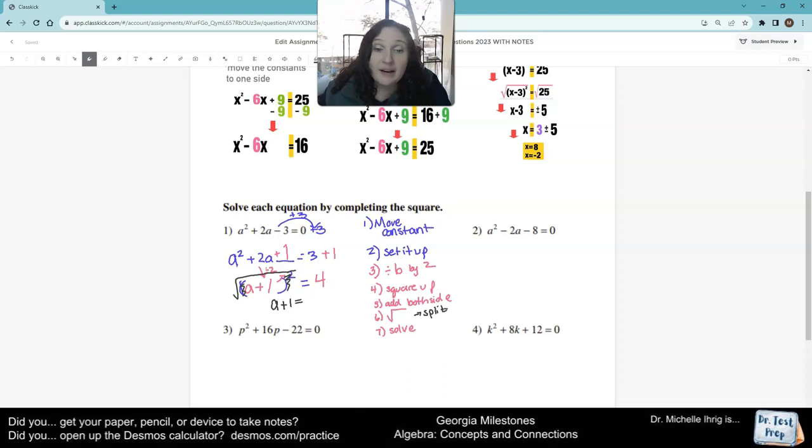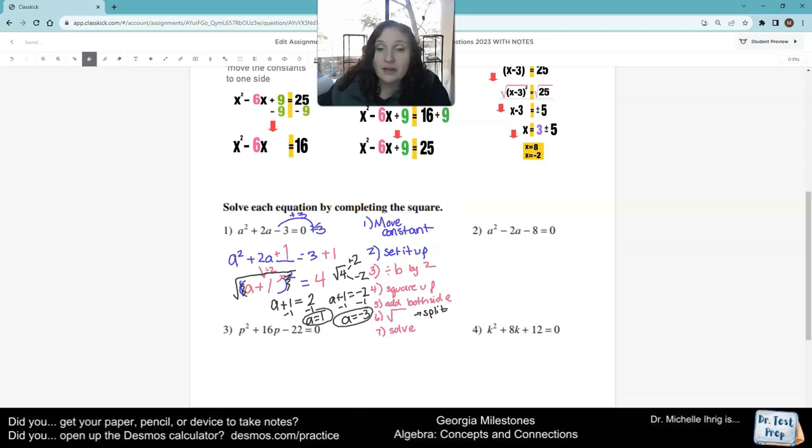The square root of 4 is both positive 2 and negative 2. So this will be positive 2 here, and this will be negative 2 here. Then we do the opposite to both sides. So here we have a equals 1, and here we have a equals negative 3.